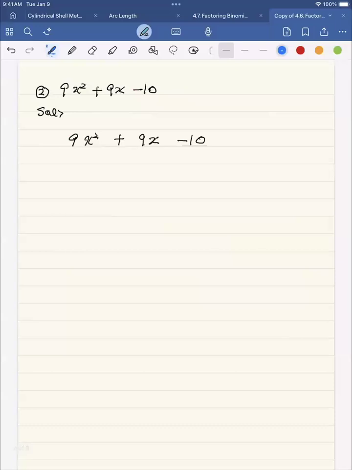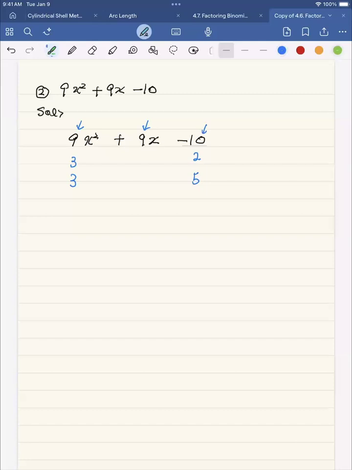The next question is 9x squared plus 9x minus 10. When we look at the coefficients, there is no common factor, and the number in front of x squared is not 1. In that case, we consider two numbers whose multiplication becomes 9, such as 3 times 3, and two numbers whose multiplication becomes 10, such as 2 times 5.